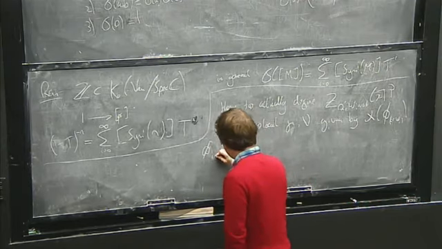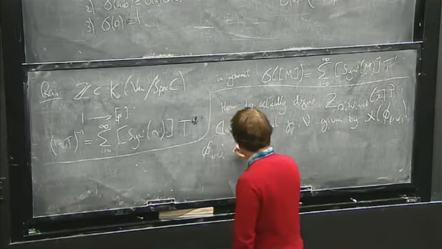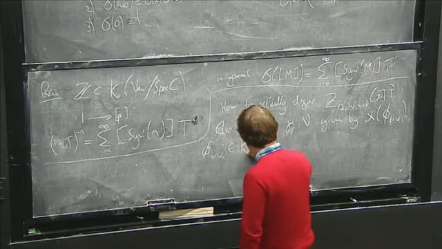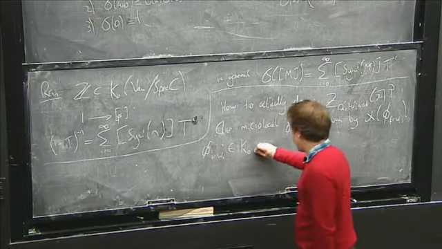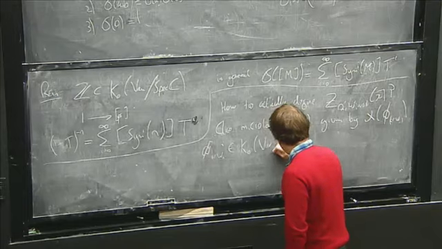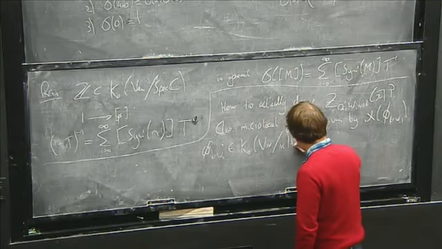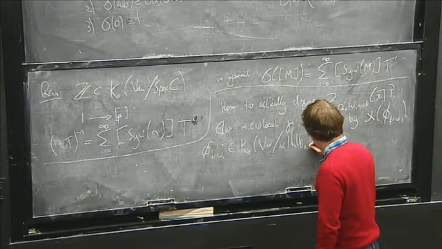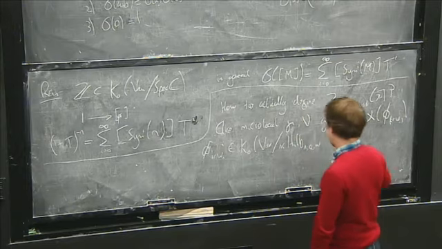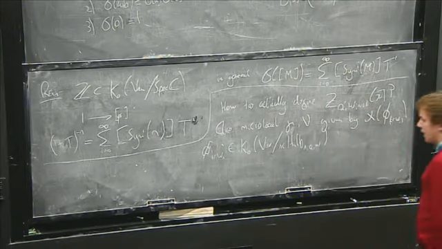This thing is a relative motive. So this belongs to K0 of varieties over NC Hilb n, Q, W. Okay.